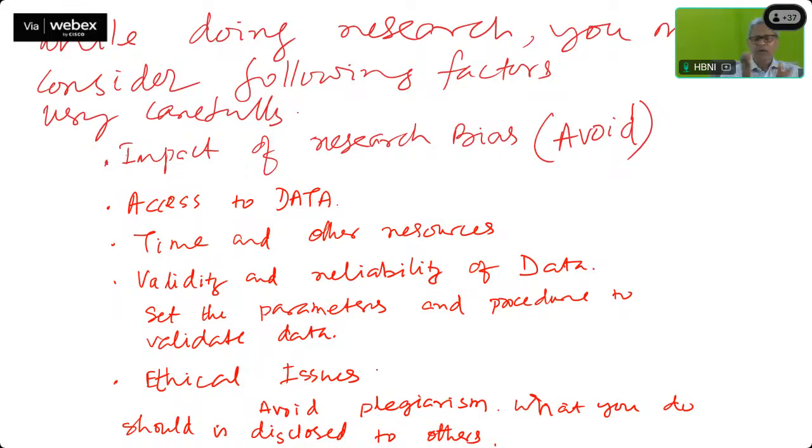Then your friend may be facing some different problem in the same experiment. So you have to keep yourself in the process of learning while doing the research. Every day you should learn something new. That is the way you should do the research.